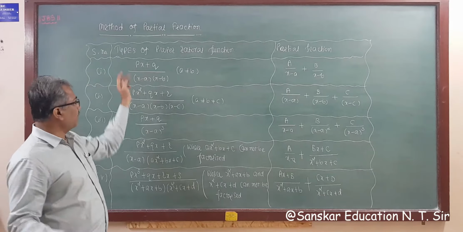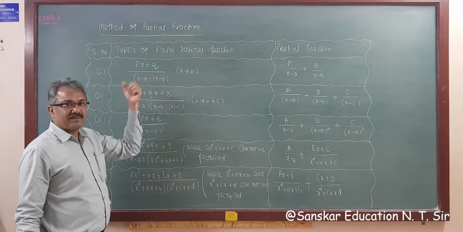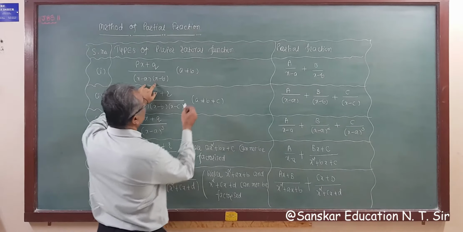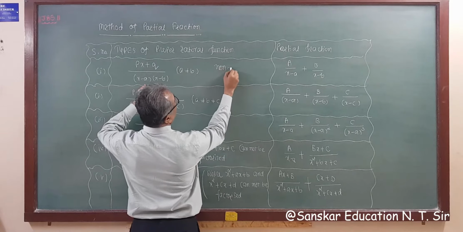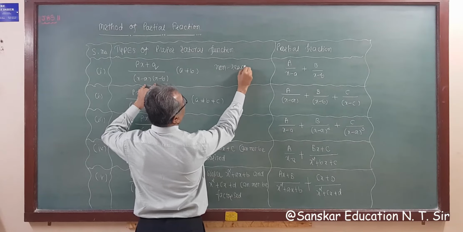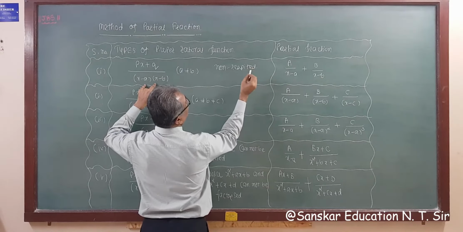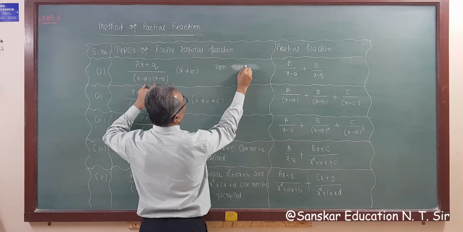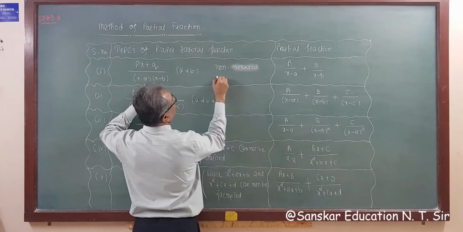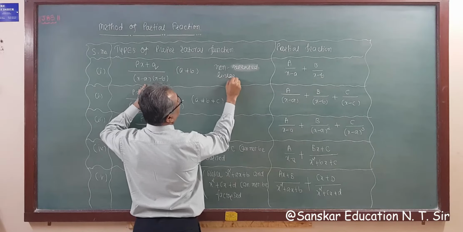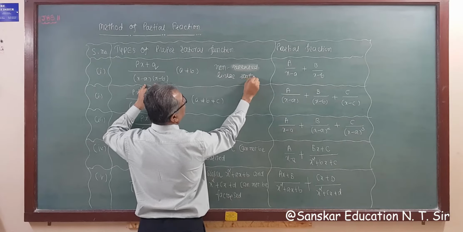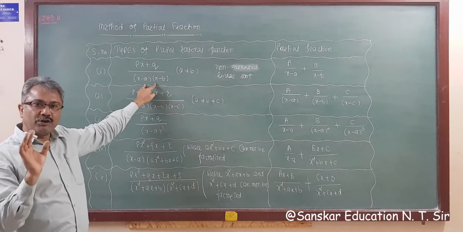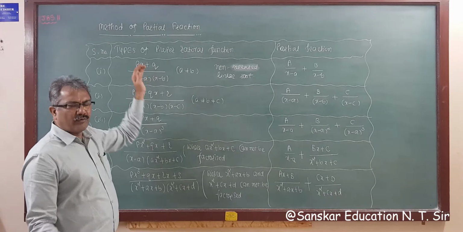The factors of the denominator are x minus a, x minus b, that is, non-repeated linear roots. So if it is a non-repeated linear root, then what you have to do? Forget this numerator, whatever it may be.